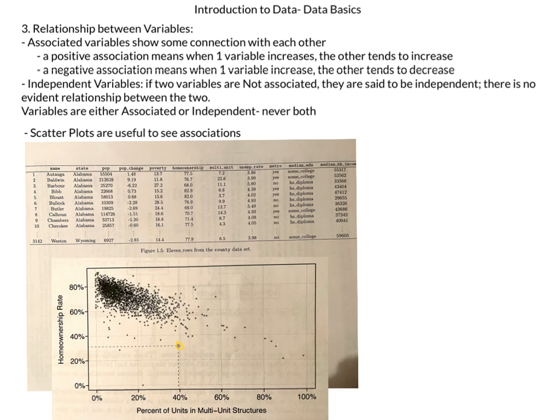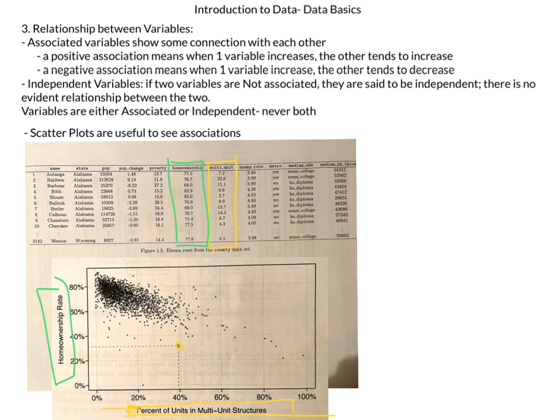The first one is percentage of units that are multi-unit, and I see that variable being studied because this is on the x-axis here, percentage of units. And then the next variable is home ownership rate. Maybe I should underline, let me use green. Home ownership rate. So that's this variable here.